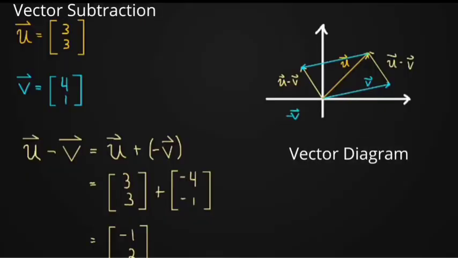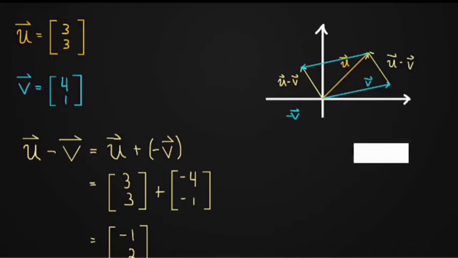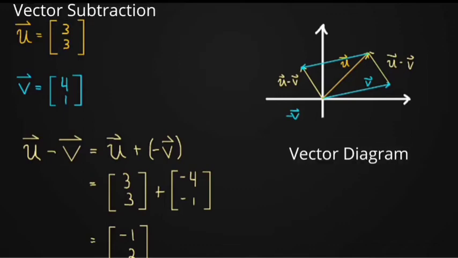Now, vector subtraction. Vector u has a component 3 and 3, and vector v has a component 4 and 1. Vector u minus vector v is equal to vector u plus negative v. Therefore, vector u in column, which has a component 3 and 3, plus negative vector v, which is now minus 4 and minus 1.